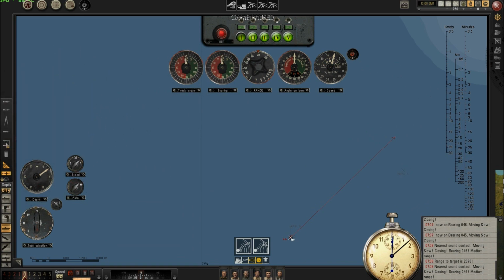Now I take the ruler, and the range to the target is 2070 meters. I will put here, and I go until 2070 meters.